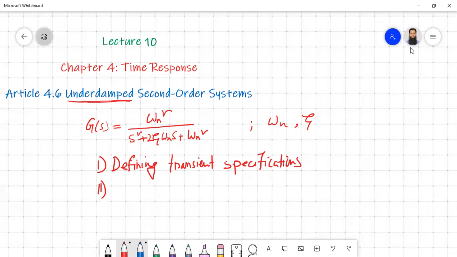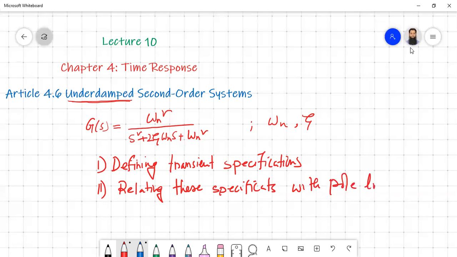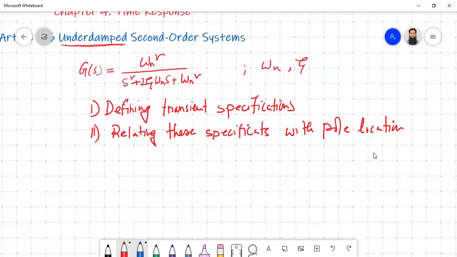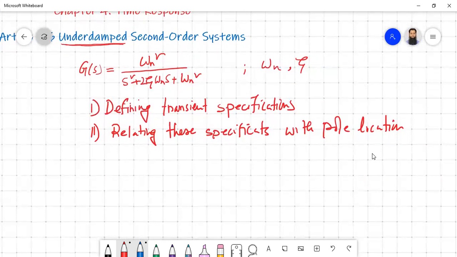The second objective is relating these specifications with pole location. We have to see whether we can relate the specifications that we are defining with the pole location or not. And finally, tie the pole location to the system parameters.